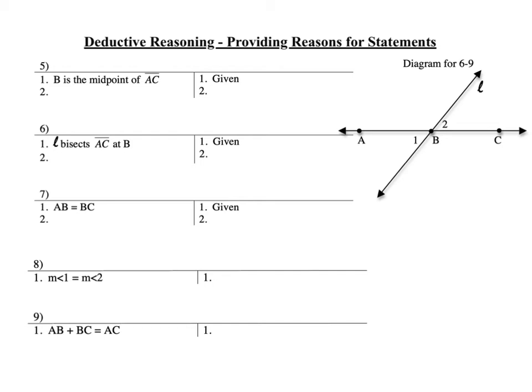Number 5, we're given that B is the midpoint of AC. Well, we must be able to state something because it's a midpoint. And in order to state something, we need to know what a midpoint is, which means we need a definition. So our reason is going to be the definition of midpoint. So in if-then form, if a point is the midpoint of a segment, it divides the segment into 2 equal parts.